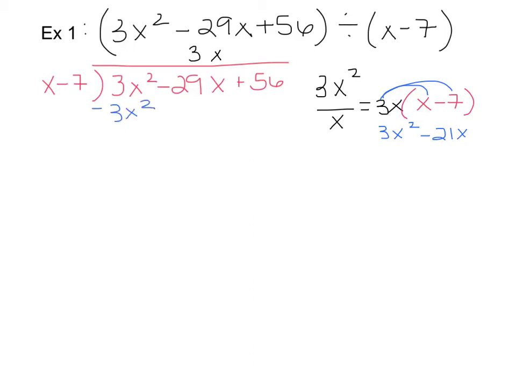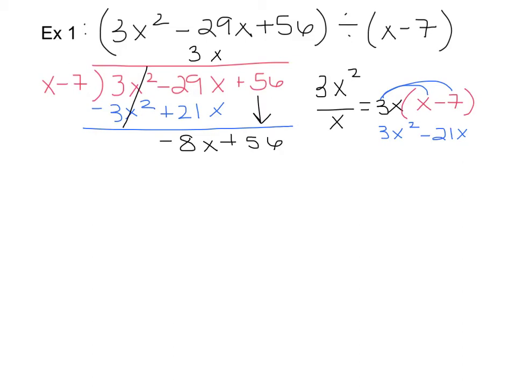Instead of negative 21x, it's going to be positive 21x. Again, since you're subtracting both, you have to change both of the signs. So the 3x squared and the negative 3x squared cancel each other out, and negative 29 plus 21 is going to give me minus 8x, and then I bring down my plus 56.